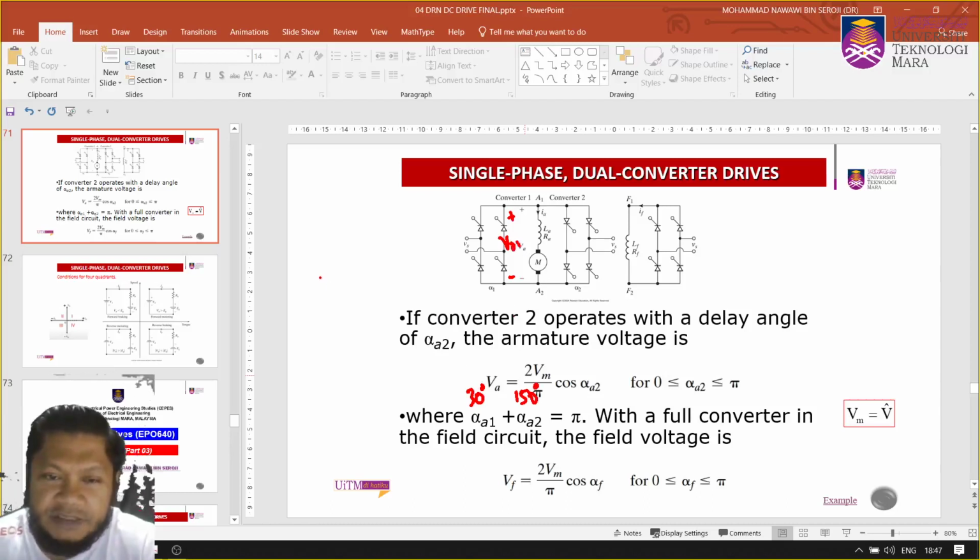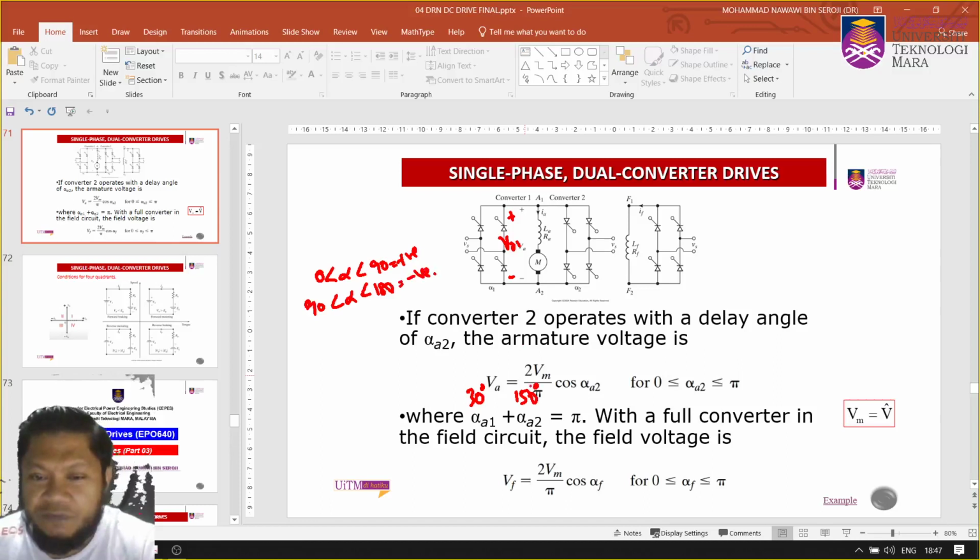Because for alpha from 0 to 90 degrees we have positive output, and if alpha goes beyond that, you're going to have negative voltage, isn't it? So in this case converter 1 will have a positive output, but the second converter here will experience a negative voltage.